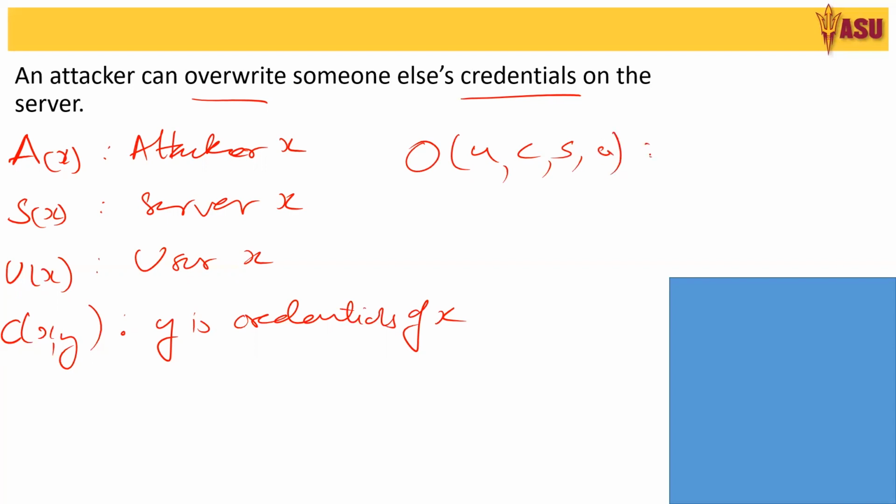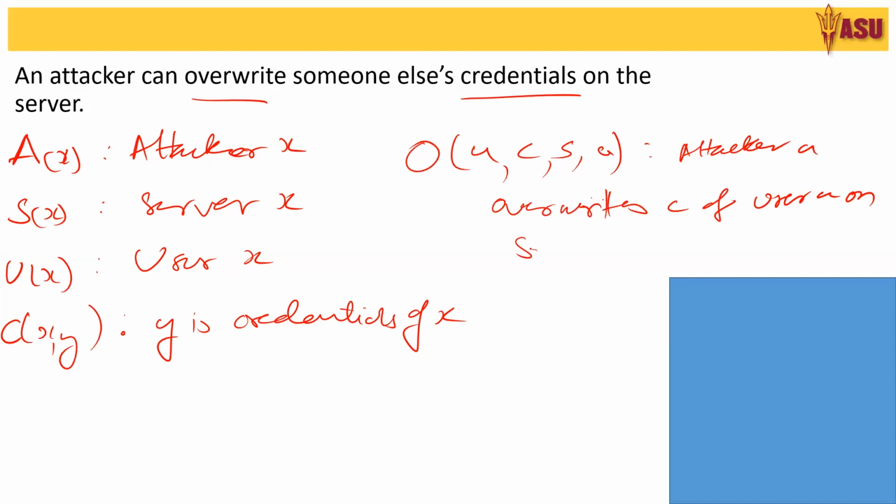So attacker A overwrites credentials of user U on S. That's what the statement means.